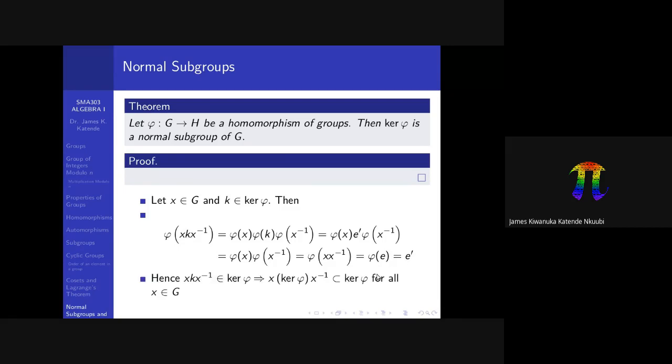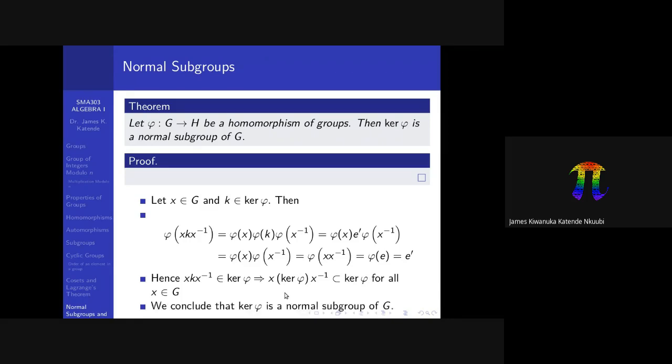And therefore we can conclude that, so this is your set, the kernel. We already know it's a subgroup, I think we had shown that earlier, so at this point we're just assuming it's a subgroup. So this subgroup, the kernel, is normal. If you multiply it by x on the left and x inverse on the right, you end up with a subset of the kernel.